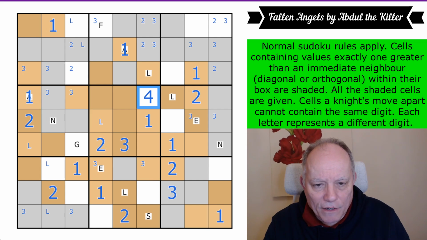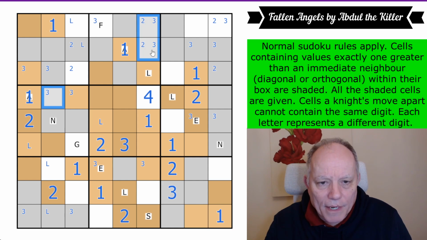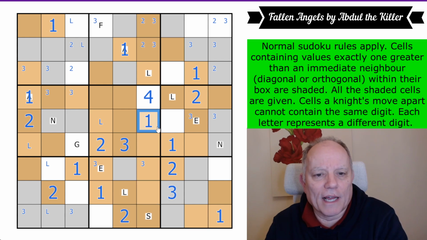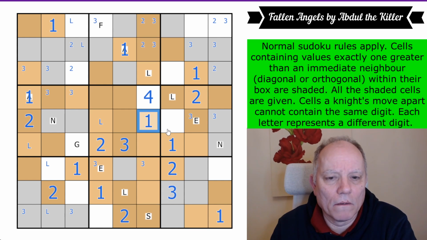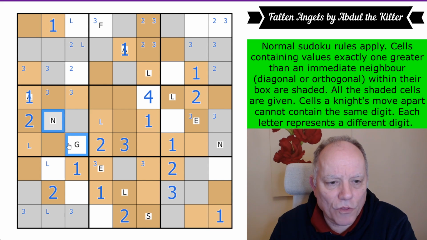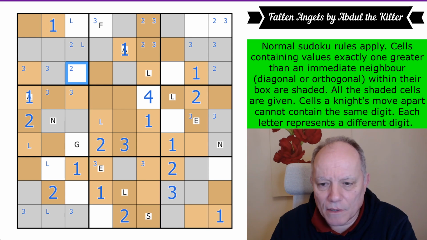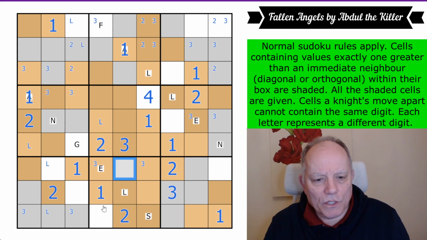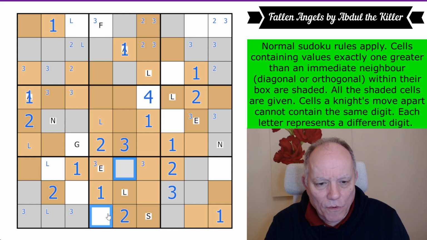Now what's that going to do? It's going to colour the cells orange that it sees. That's the important thing to do. Otherwise, not actually using that. Come on, 4, do something else. Those 3 all see that cell, so that goes orange. Those 2 see a couple of cells that are already orange, but one of them is a 4.